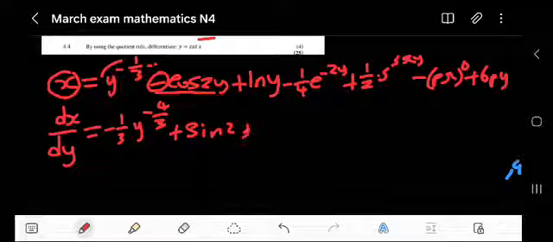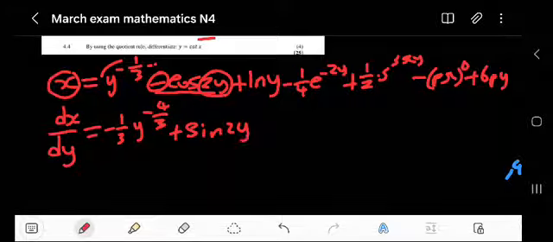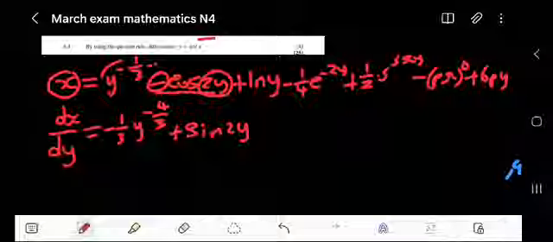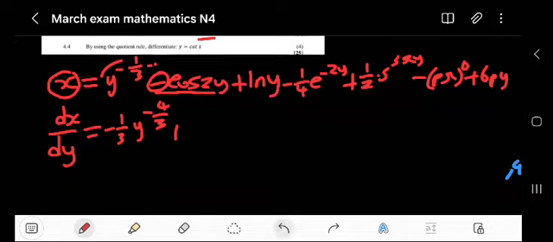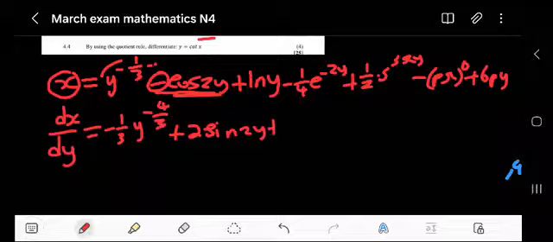But do not forget to multiply by the derivative of the inside angle there, by 2. Or you can write it as multiplied by 2 sine 2y. Chain rule there. Plus ln y is the same as 1 over y.